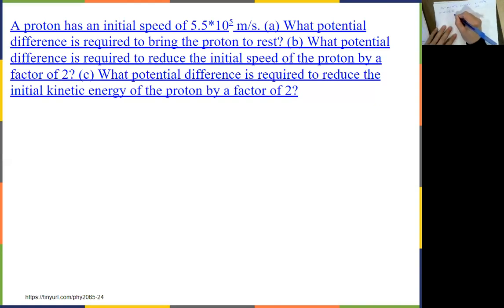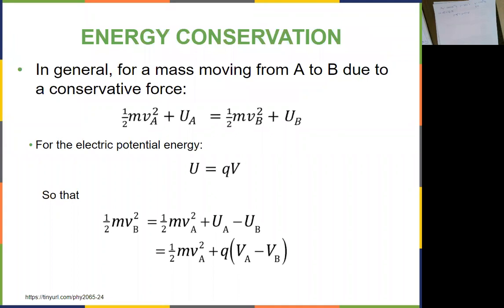You can use the equation of 1/2 m v squared. With small v squared, that should be equal to 1/2 m v final squared plus q times V. If I have V final here, then I should put V final minus V initial, where i is a and this is b.